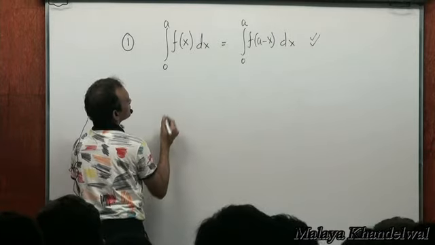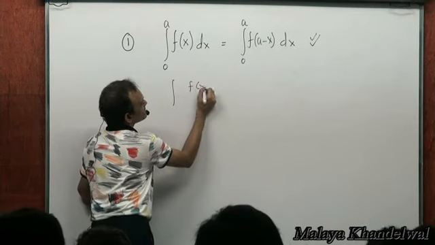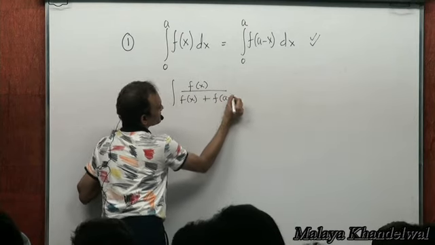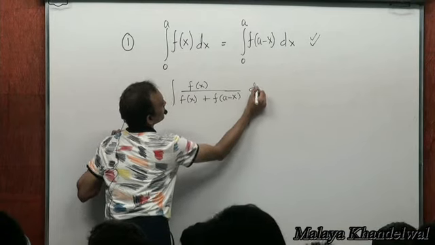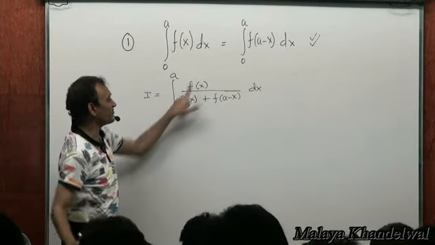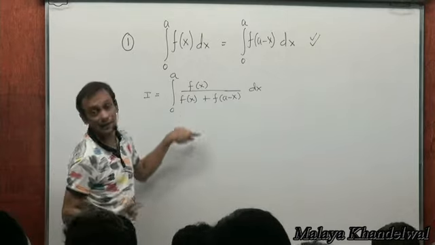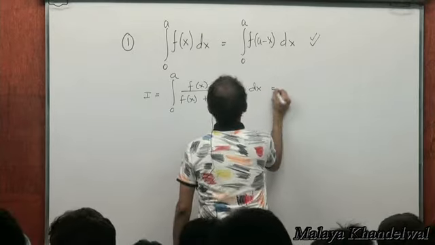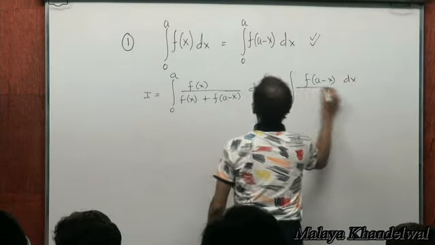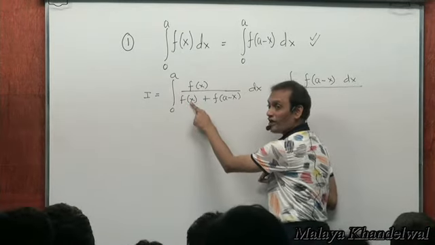Say I have integral f(x) by (f(x) plus f(a minus x)) dx from 0 to a. Then I can replace x by a minus x from the property. So this is like integral f(a minus x) dx divided by, if I replace this x by a minus x, this will become f(x) and this will become f(a minus x).